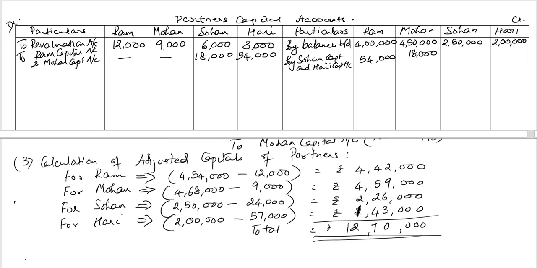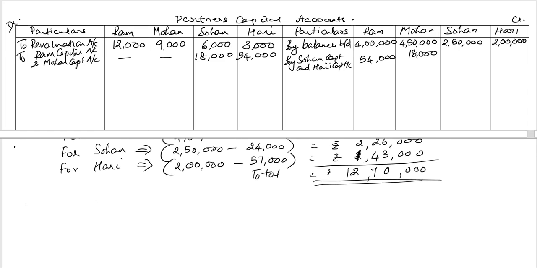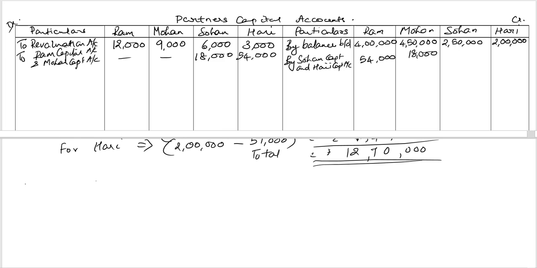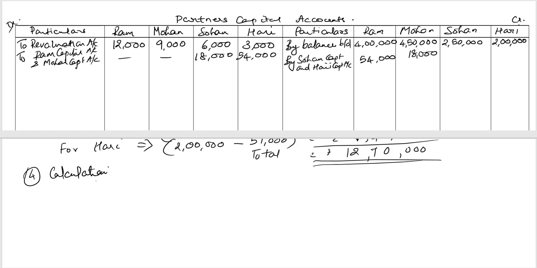The next step is to calculate the new capitals. The new profit sharing ratio is 1:2:3:4.